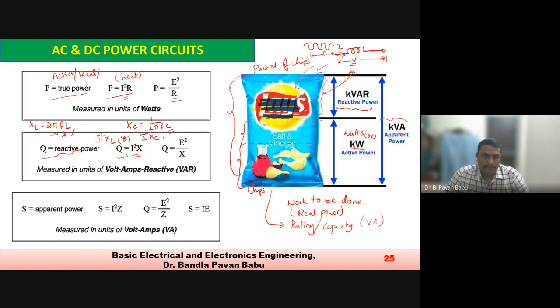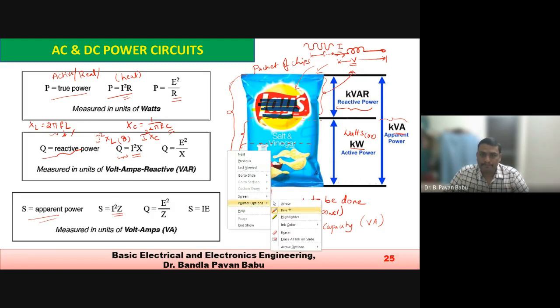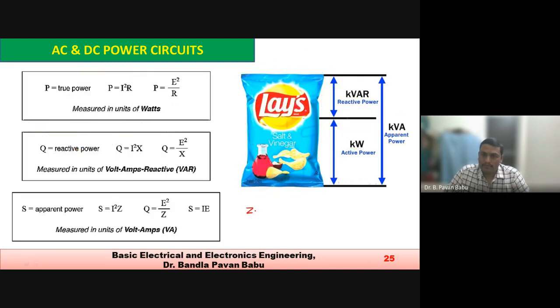Next, the apparent power is I square into Z. Why does Z come into the picture here? We have already discussed in the previous session that Z equals the root of R square plus X square.